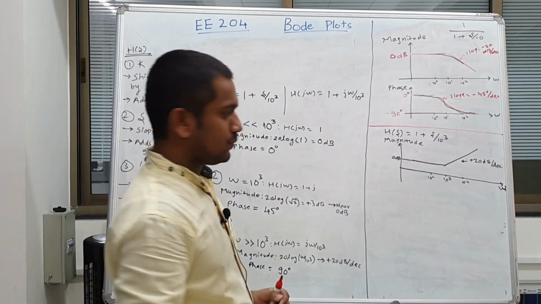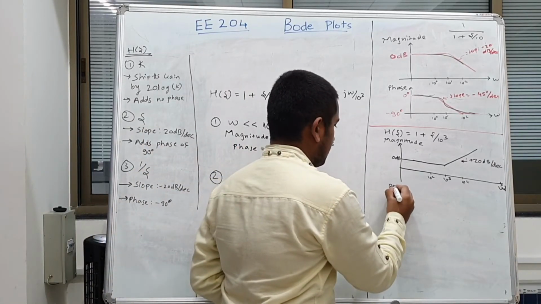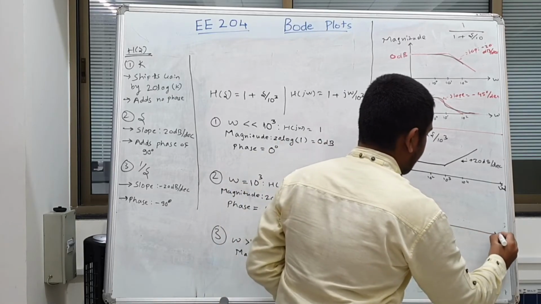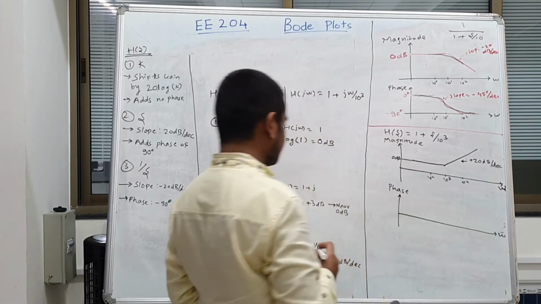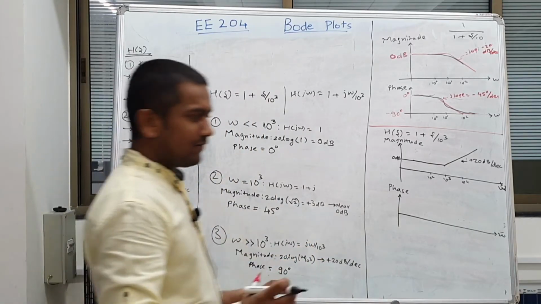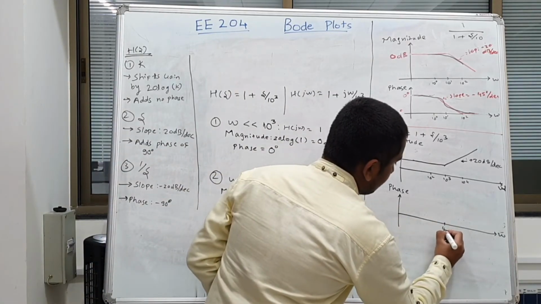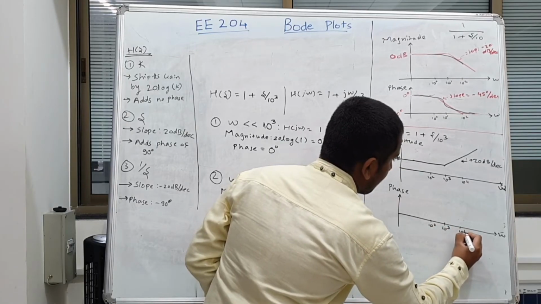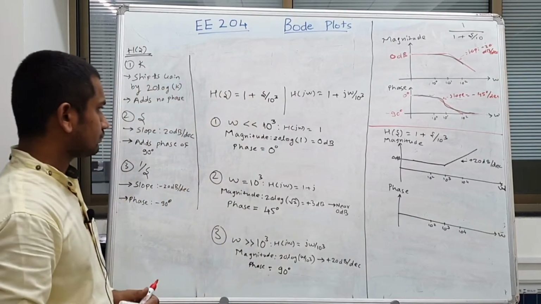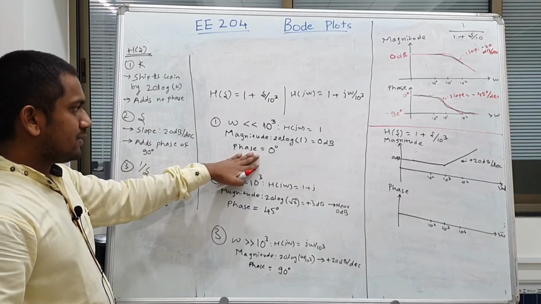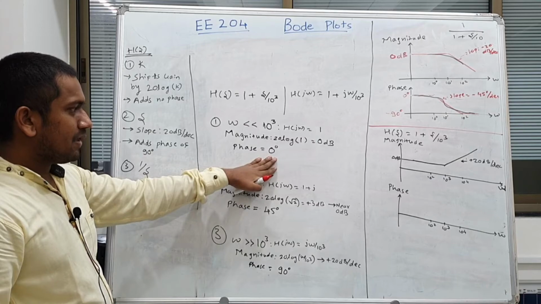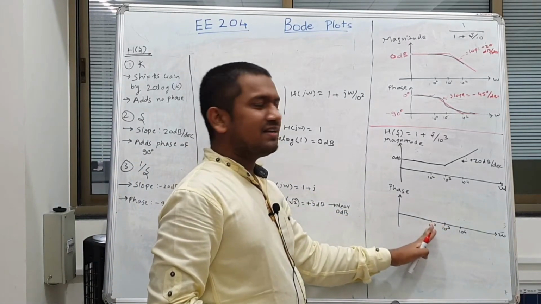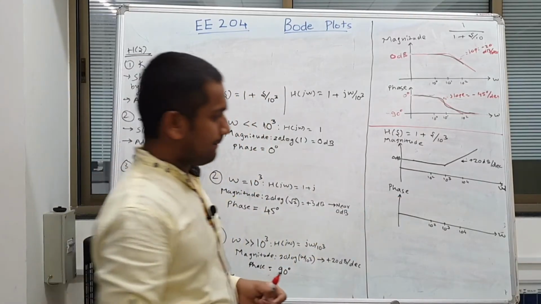Now let's look at the phase plot. We will write frequencies which are near the corner frequency. At low frequencies it stays at 0 degree, and at a frequency which is 10 times smaller it still stays at 0 degree.